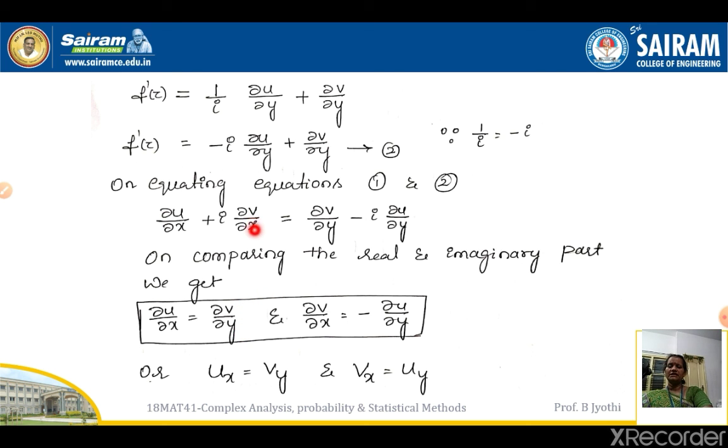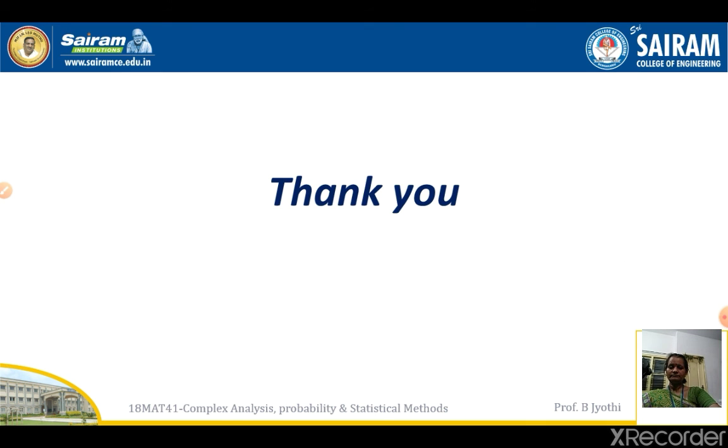Similarly, on equating the imaginary parts, we have dou v by dou x is equal to minus dou u by dou y. This can be written in simplified form as u_x = v_y and v_x = minus u_y. So this is the required Cartesian form of the CR equations, or Cauchy-Riemann equations, which has been derived. Thank you.